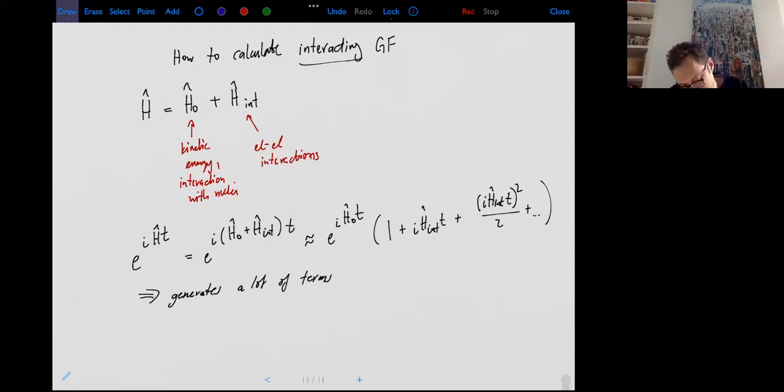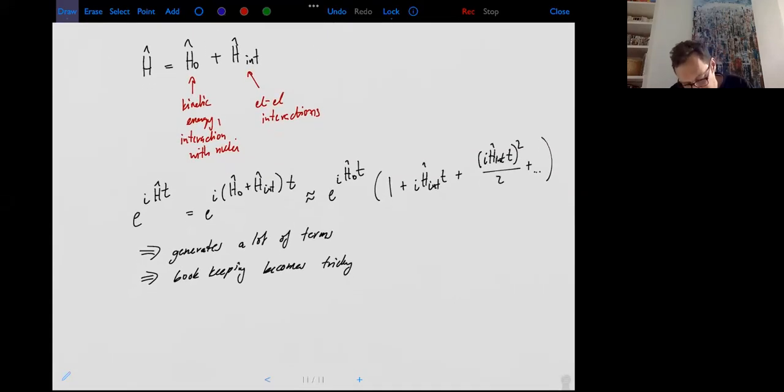And you know, the bookkeeping becomes a bit of a problem. And so this is where this concept of a Feynman diagram comes in, which is basically a tool to help you keep track of these various terms.